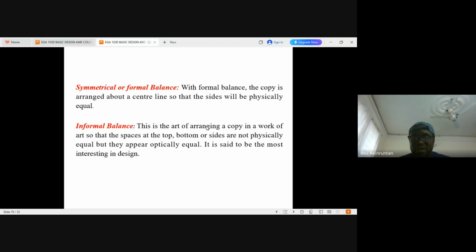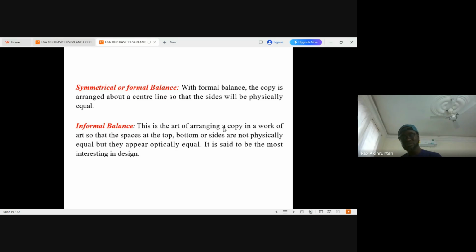Now, the copy here: let me put it this way. The first one, the symmetrical or the formal balance, is a situation whereby there's a medial line that is supposed to split maybe our human body into two halves from a vertical line, where whatever is on the left side, in terms of weight and form, is repeated on the other side.